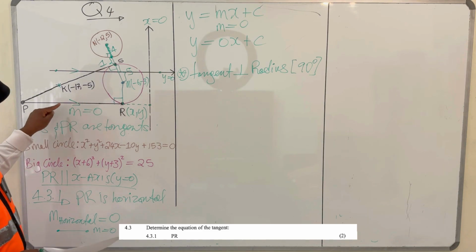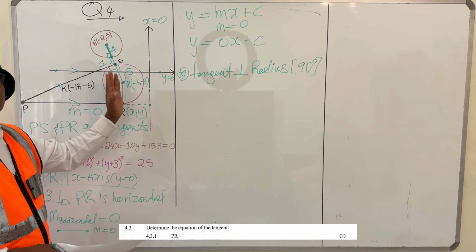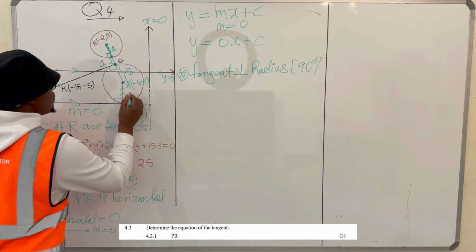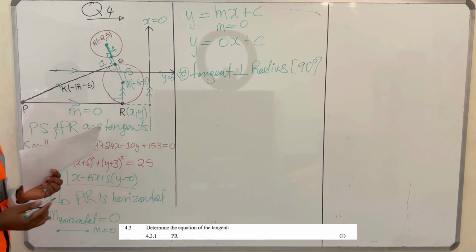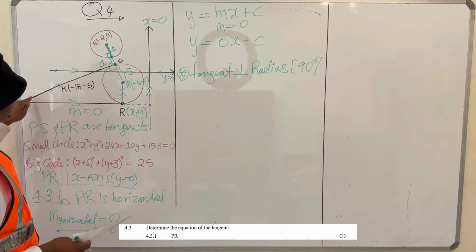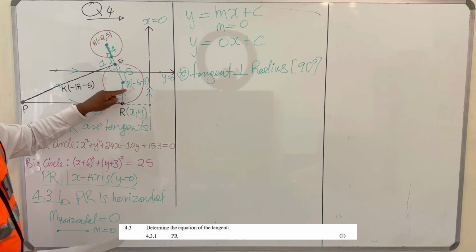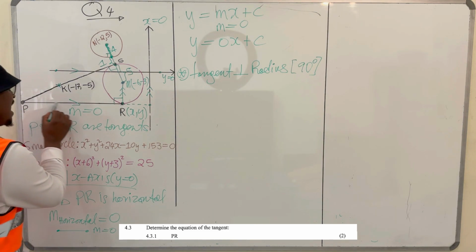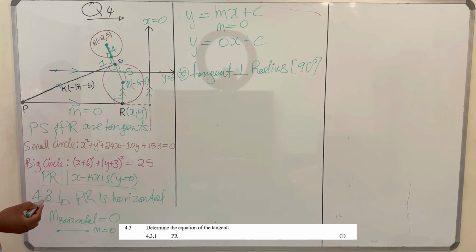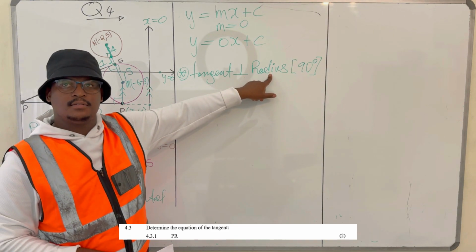So if this is horizontal and it's perpendicular to this radius of the circle, this radius should be vertical, so that this radius is parallel to the y-axis. Because this line PS is perpendicular to MS, the radius, and the line PR should be perpendicular to MR, the radius. Because you know the tangents are perpendicular to the radius of a circle.